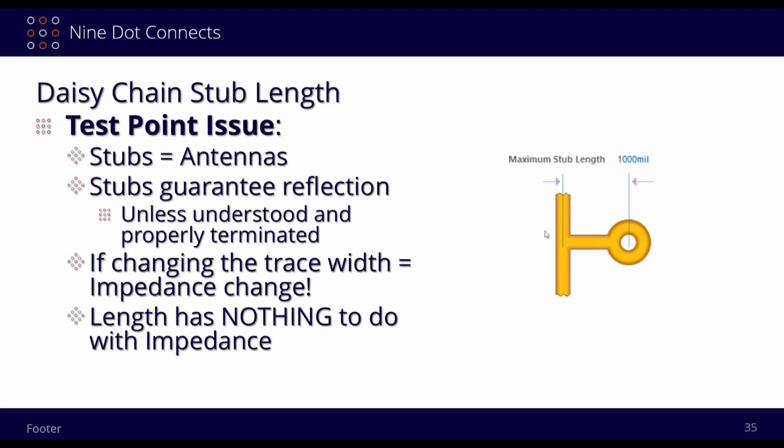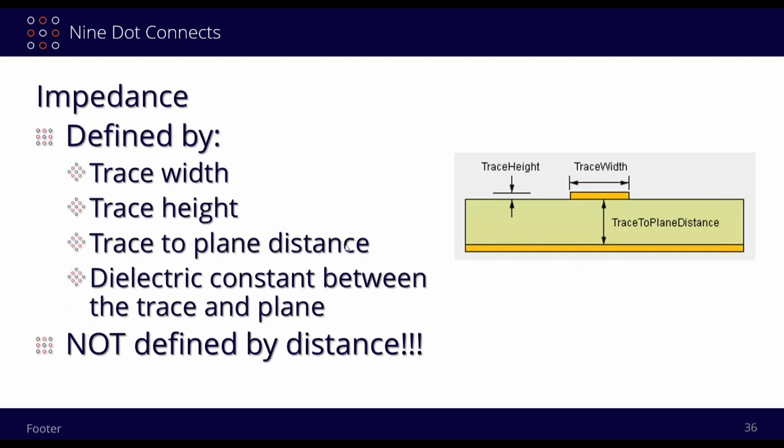The only time this might be of any use to you is to make sure that if you go too far out on a regular signal, not a test point, all that stuff we talked about regarding parallel length would still be applicable, where you don't want an accidental antenna. But that's assuming this is actually going to some component and that you're trying to build a bus topology that way. From a test point of view, this is really not applicable, because no matter what your stub length is over here, you're going to have some type of reflection. That's what you want to avoid.